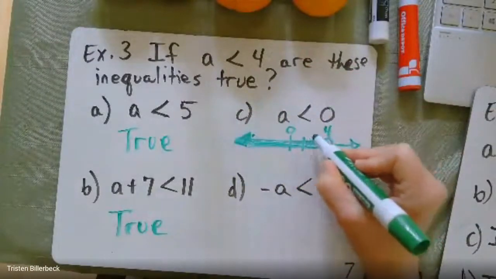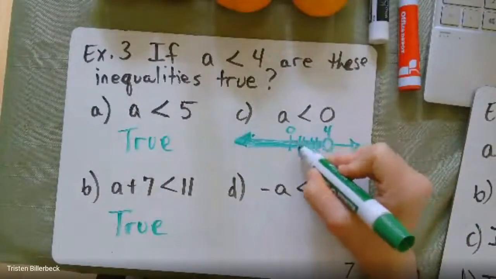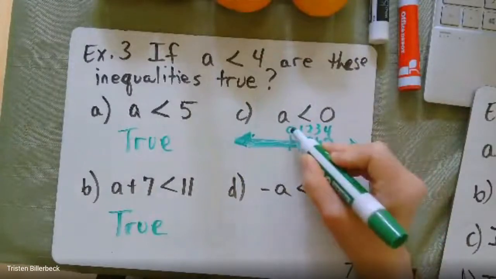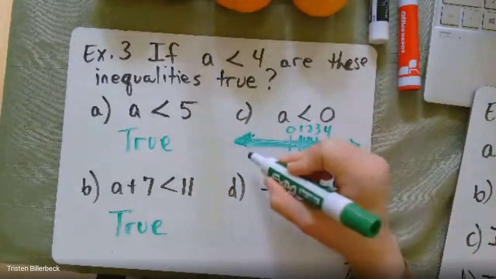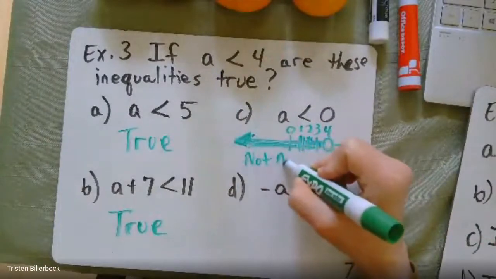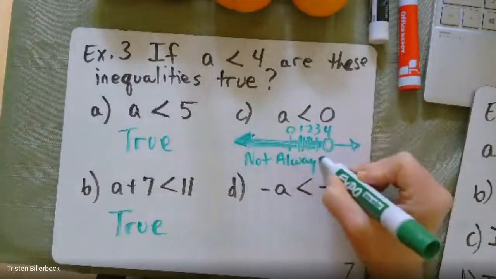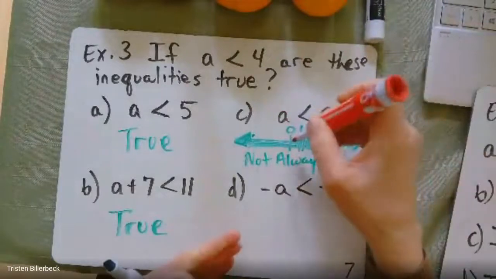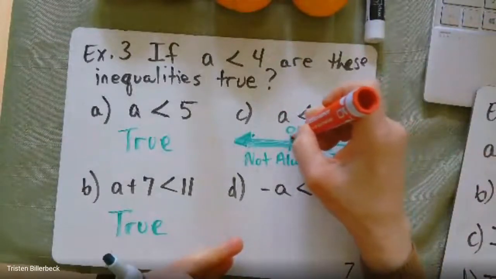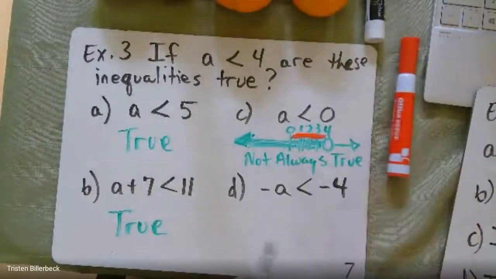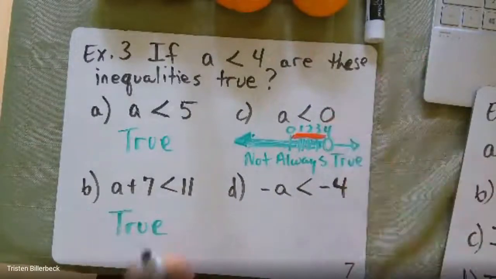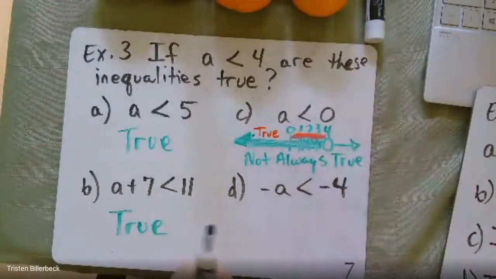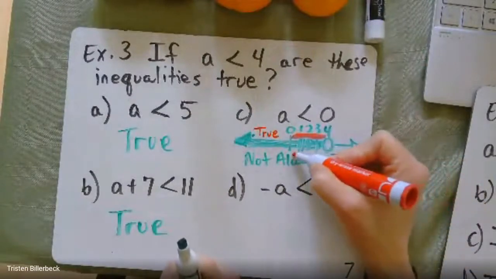It can be 3. It can be 2. It can be 1. It could be 0. So this one's not always true. Because right in here, it's actually greater than 0. So that's why it's not always true. It's true here. But in this area, it's false.